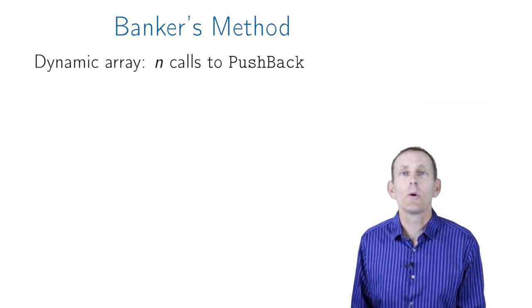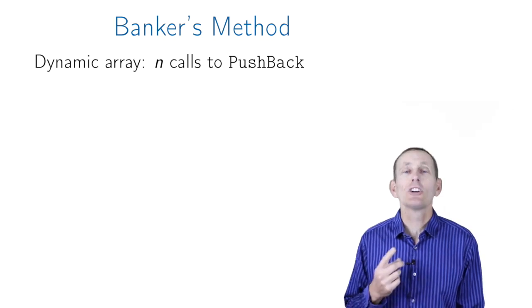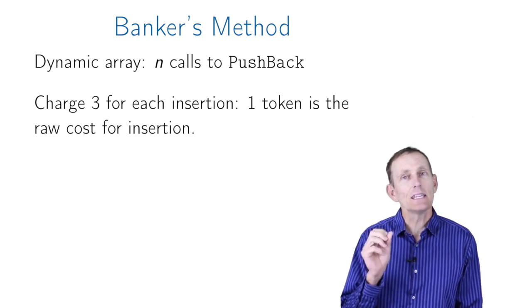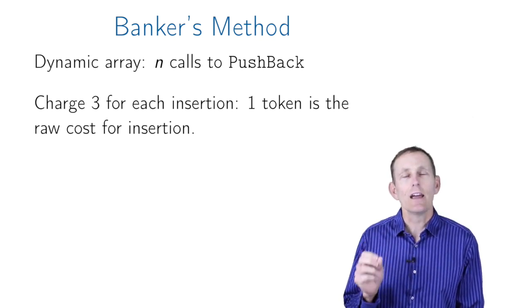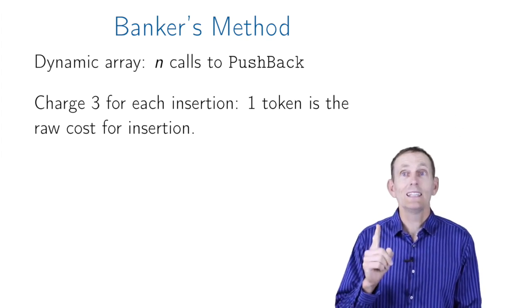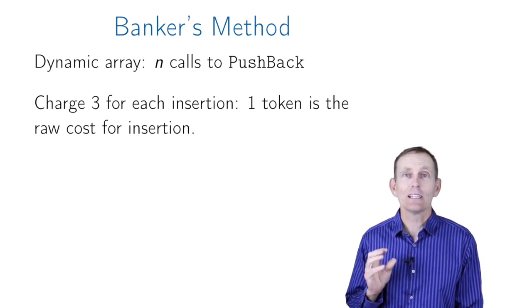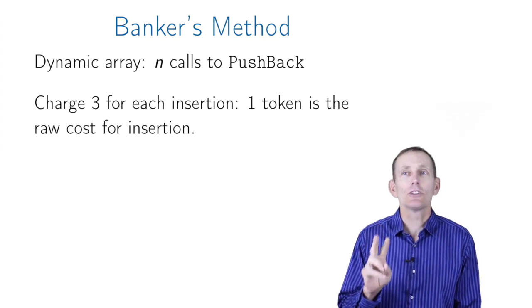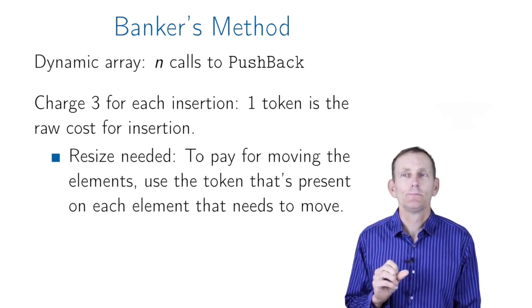Let's look at the same example where we have a dynamic array and we have n calls to pushback starting with an empty array. The idea is we're going to charge 3 for every insertion. So every pushback, we're going to charge 3. 1 is the raw cost for actually moving the new item into the array, and the other 2 are going to be saved.